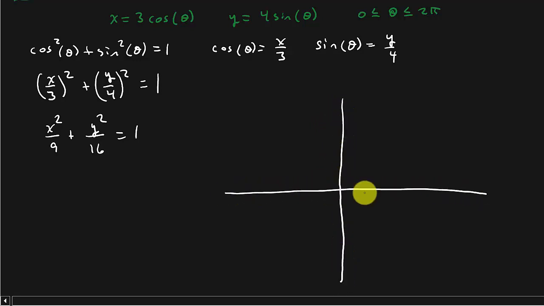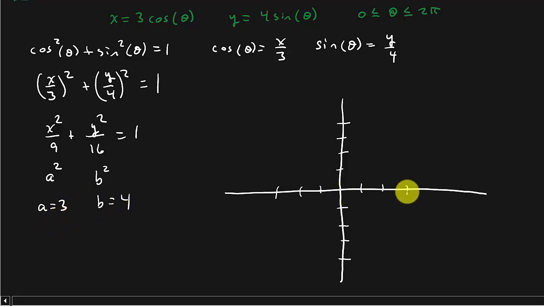So let's draw that. Now remember, this 9 here, that's a squared. This is b squared. This a is equal to 3, b is equal to 4.